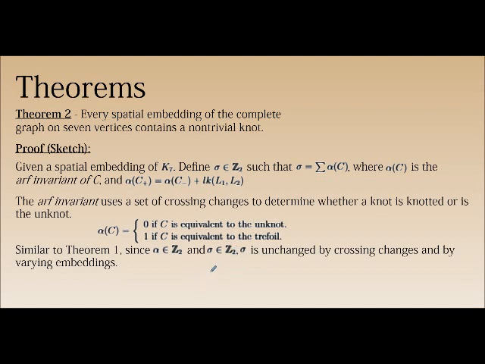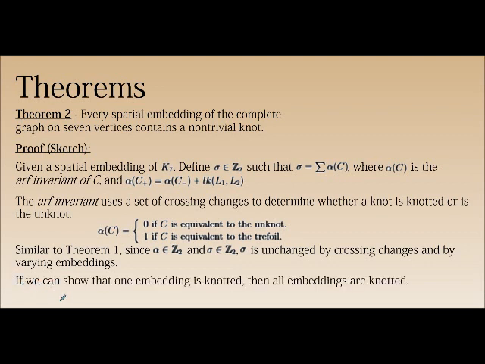If I change a crossing, it's going to change the linking number by 2, 0, or negative 2, which alters the ARF invariant by 0, 2, or negative 2. And since that's in Z sub 2, that's going to change sigma by 0, 2, or negative 2, which again, in modulo 2 arithmetic, is unchanged. So that really implies that if we can show that one embedding is knotted, then all the embeddings are knotted.